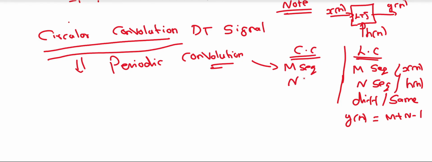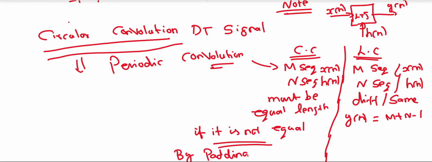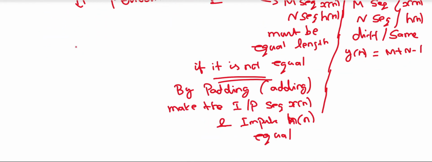Here the sequence lengths of x of n and h of n must be equal. If they are not equal, by padding zeros, that is, adding zeros, we make the input sequence x of n and the impulse response h of n equal.